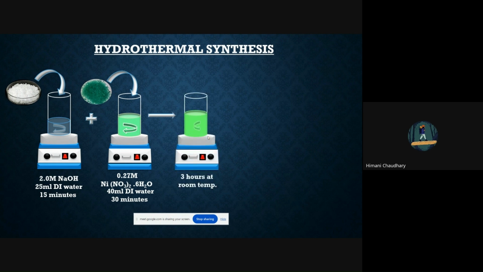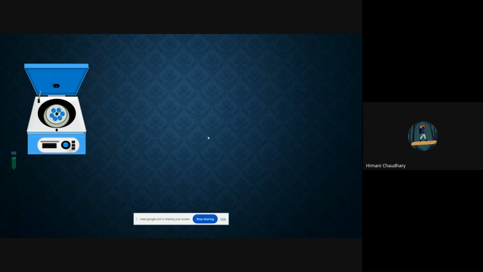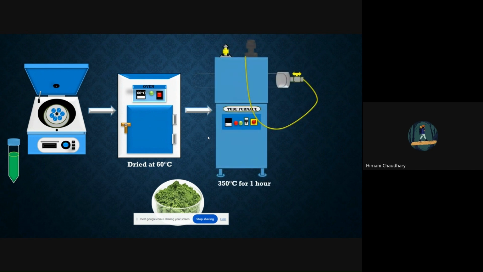Then we stir for 3 hours, and then we transfer it to an autoclave and heat it in the furnace. Now we centrifuge the solution, then we dry it in the oven and we get a green powder, and then calcination at 35 degrees Celsius for 1 hour, and we get the nickel oxide.